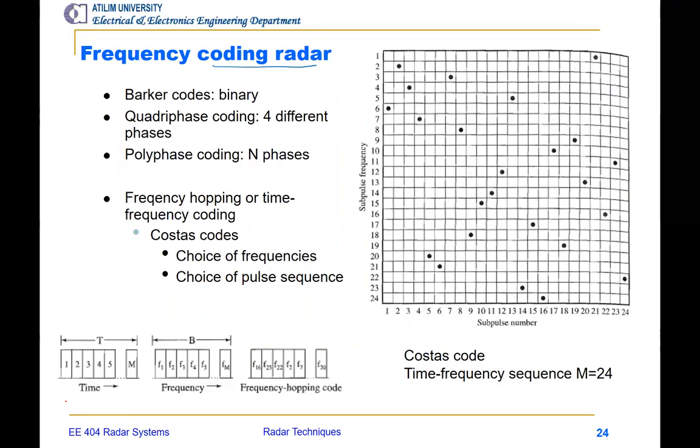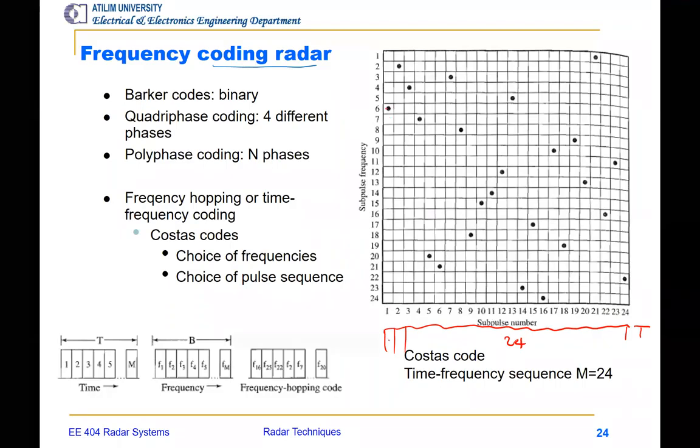We have, let's say, 24 pulses to construct a single long pulse, and each sub-pulse has a different frequency. So there is a frequency code for one long pulse.